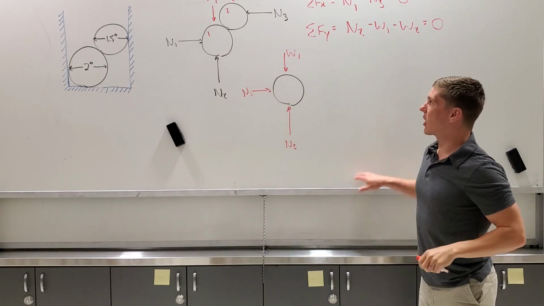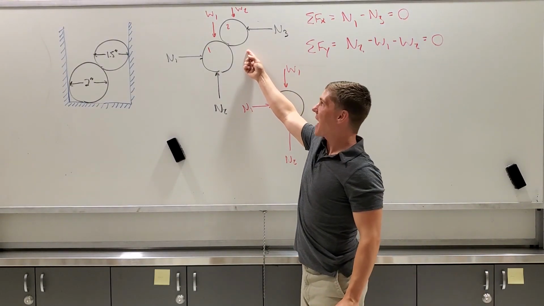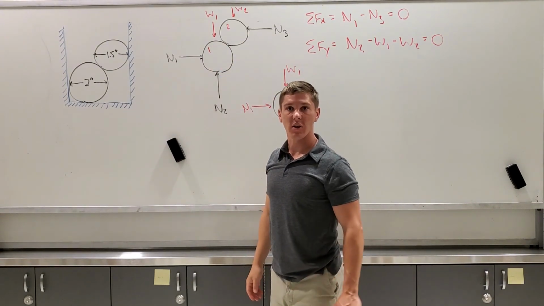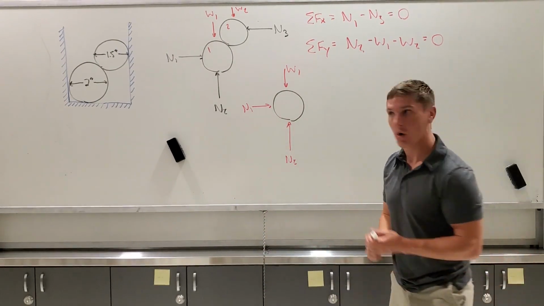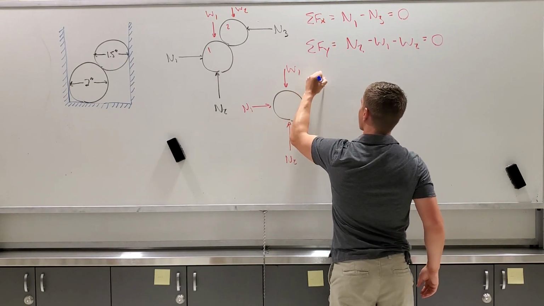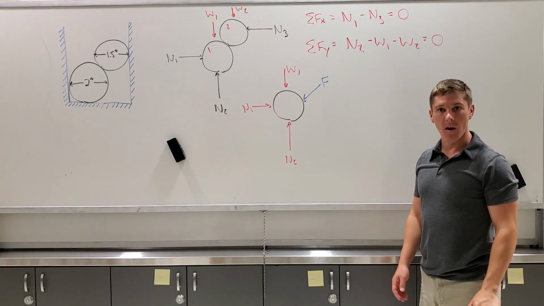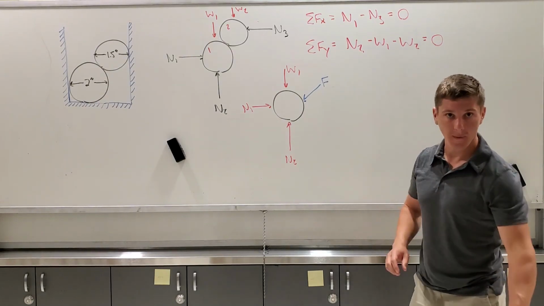But if I no longer include the 1.5-inch steel ball bearing, now I have to account for the contact force between the ball bearings. So I have an additional internal force, which I'm going to label F, directed in this direction. So I have F acting on this ball bearing 1, the 2-inch steel ball bearing.